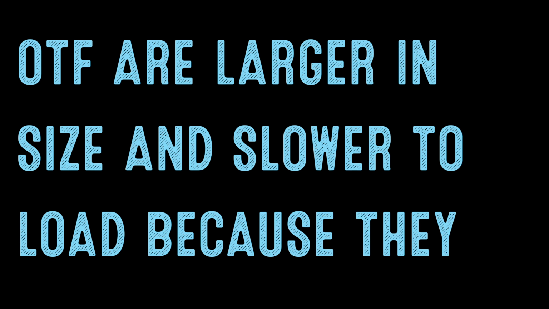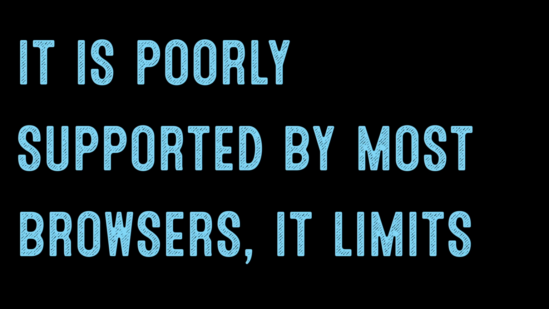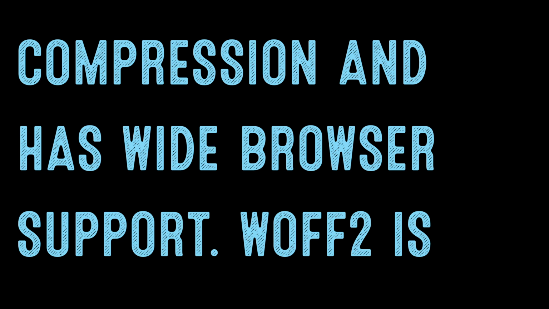Both TTF and OTF are larger in size and slower to load because they are not compressed. EOT is compressed and smaller, but since it is poorly supported by most browsers, it limits its use. WOFF loads faster than TTF and OTF because of compression and has wide browser support.